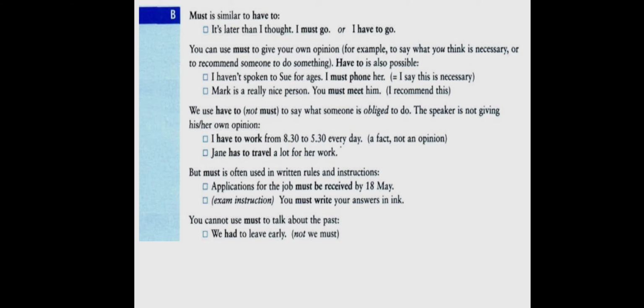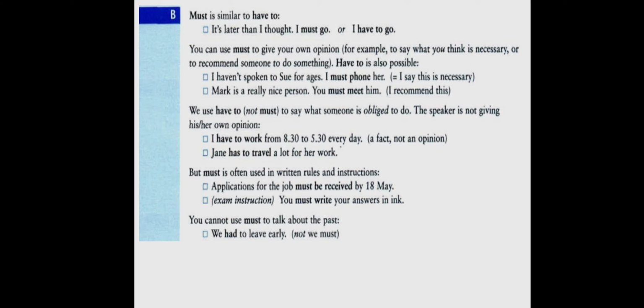But must is often used in written rules and instructions. If we think of must, we find the rules which are used by an external power or external source use have to. If we speak about written rules or instructions, then we find them used by using must.